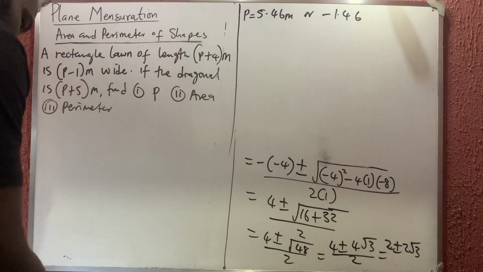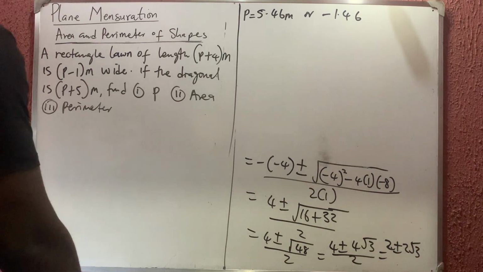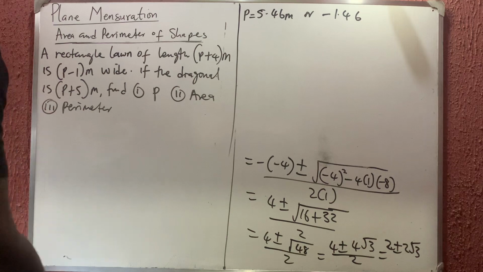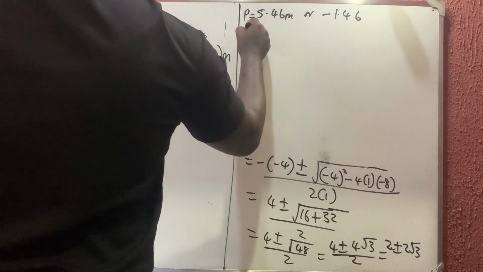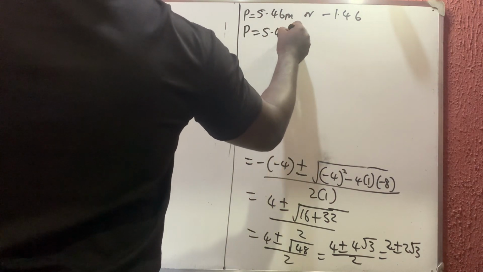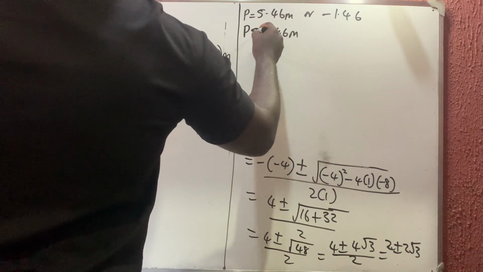So obviously we're going to pick the one that is positive. We're not going to pick the one that is negative. So our p will now be 5.46 meters approximately.